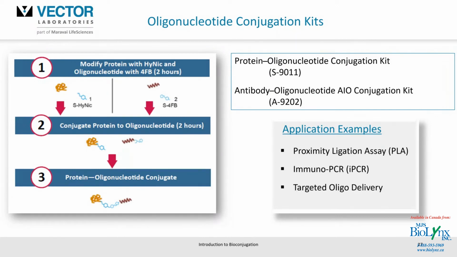And there's been, I'd say, a lot of work being done about how to extend the half-life of siRNA to be more of a targeted approach. So there's some interesting work going on about that, but that's where one of these oligonucleotide conjugation kits would be of interest. All right.